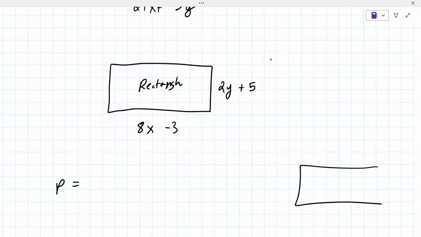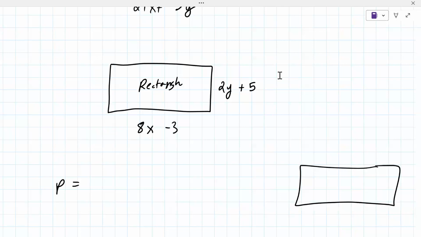Give me your final answer. 16x minus 6 plus 4y plus 10.